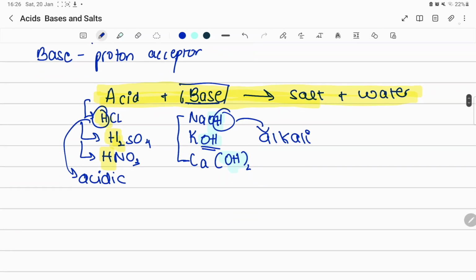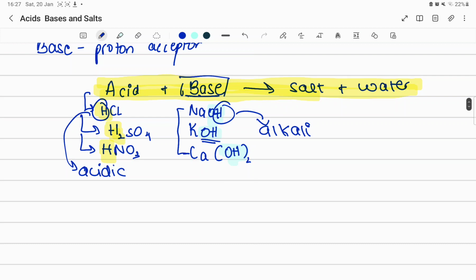So this is why you will also see the word alkali used where base could be used, because an alkali is a base. You have your alkali metal and then you have your hydroxide ion, and that makes a base. So acid plus base gives salt and water.